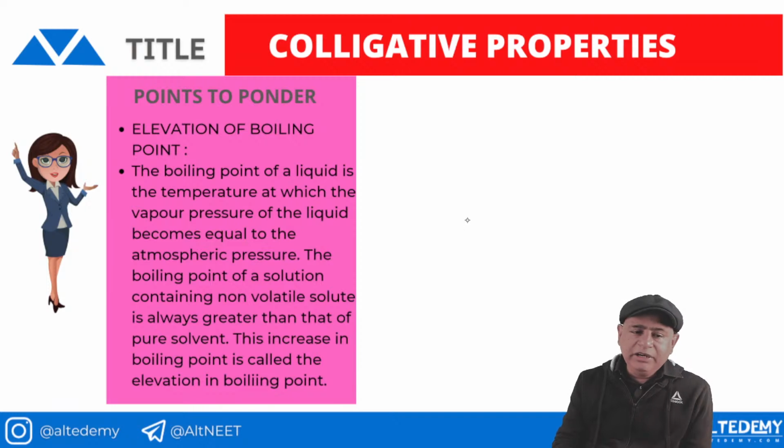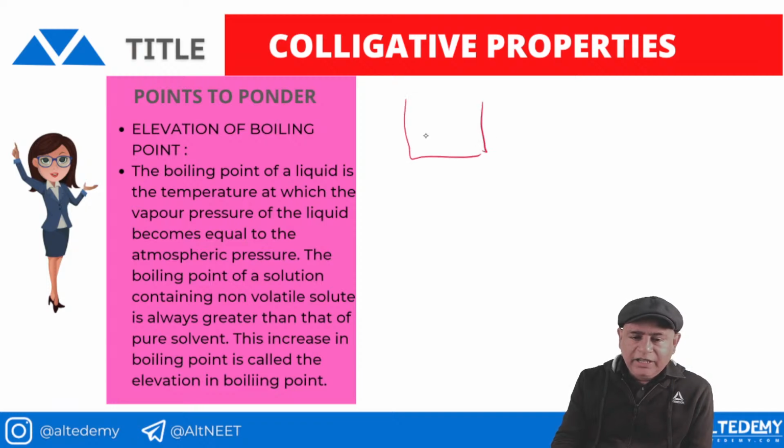On the other hand, we are having depression of freezing point. The boiling point of a liquid is the temperature at which the vapor pressure of the liquid becomes equal to the atmospheric pressure. The boiling point of a solution containing non-volatile solute is always greater than that of the pure solvent. And we can understand it by an example.